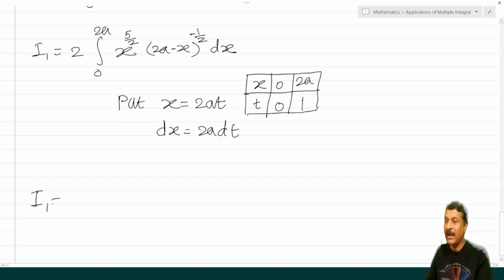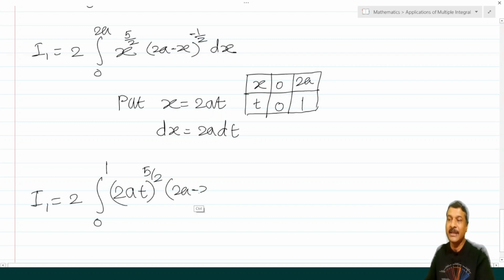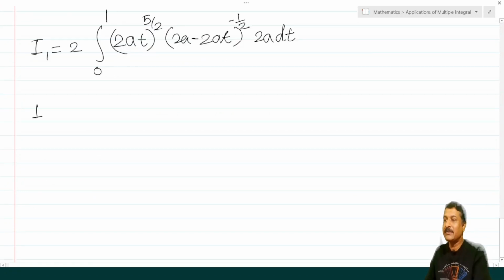So I am getting I1 equal to 2 integration 0 to 1. x means 2at raised to 5 by 2. And here 2a minus x, x means 2at raised to minus half, and dx means 2a dt. You must go through the beta gamma function. Such types of examples we already solved there. So 2 into.